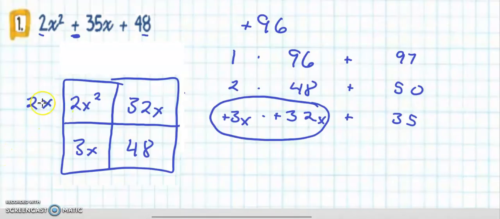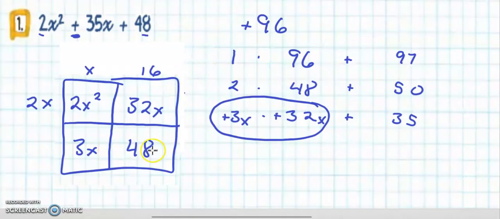So now what's left if I factor this out? Well, 2 times what gives me 2x? Well, 2 times x goes 2x times x, 2x squared. What's left if I factor a 2x out of 32? Well, I get 16.